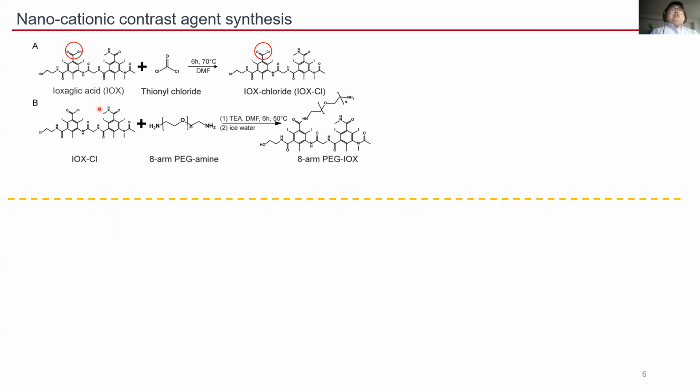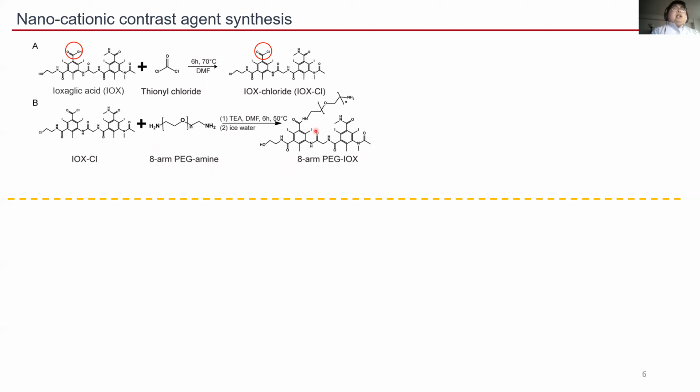For conjugation of LX with iodine, the carboxyl group of LX was converted to LX chloride using cyanuric chloride in DMF solvent at 70 degrees Celsius. And then the intermediate product LX chloride is reacted with the 4-arm PEG amine in DMF solvent with the addition of TEA as a catalyst.